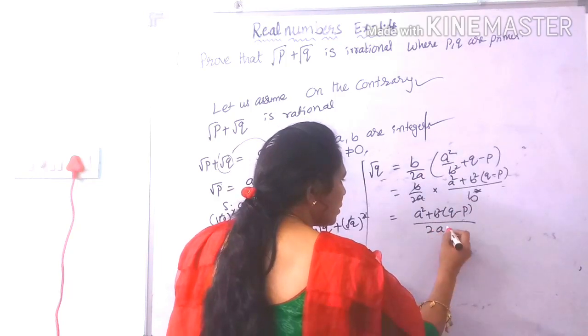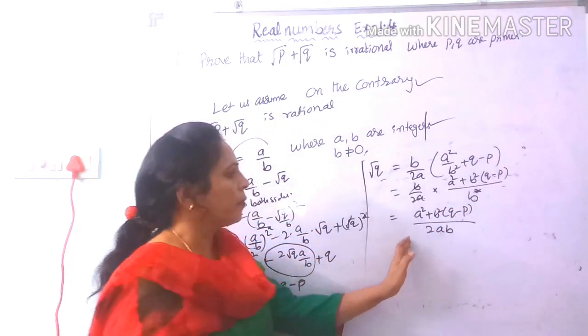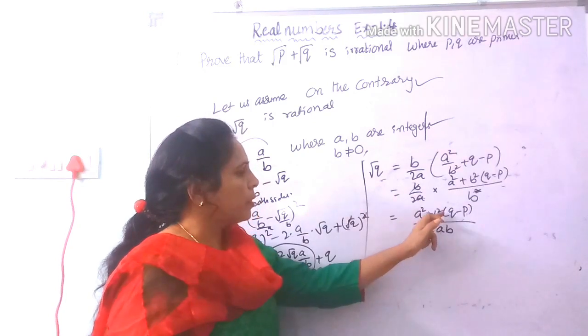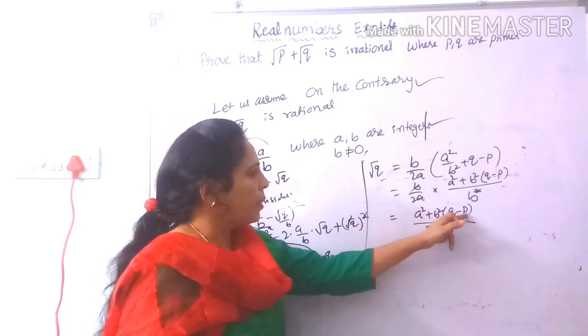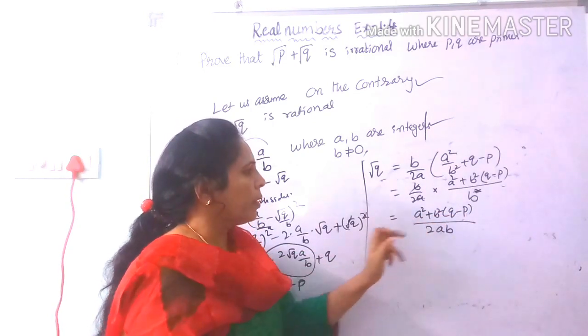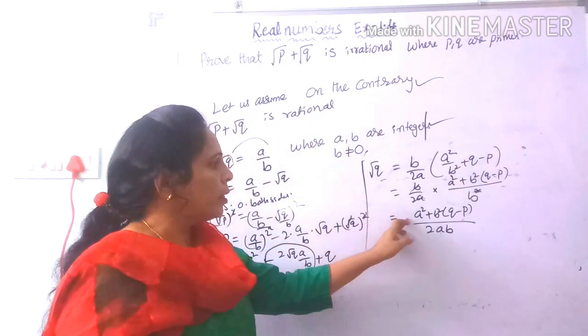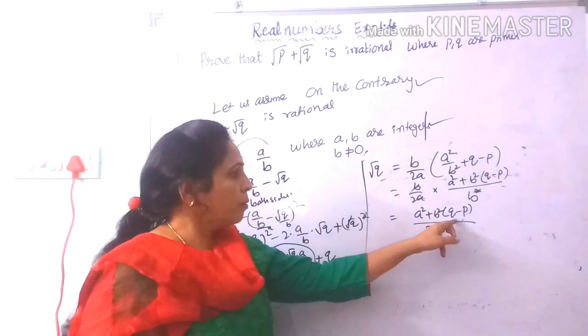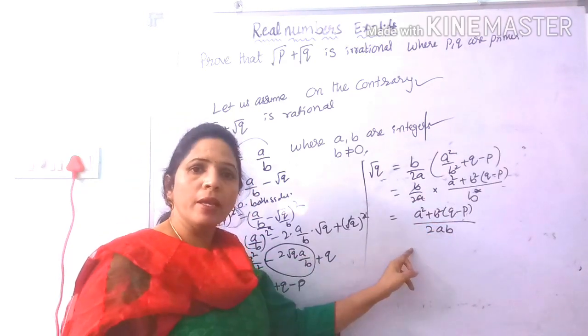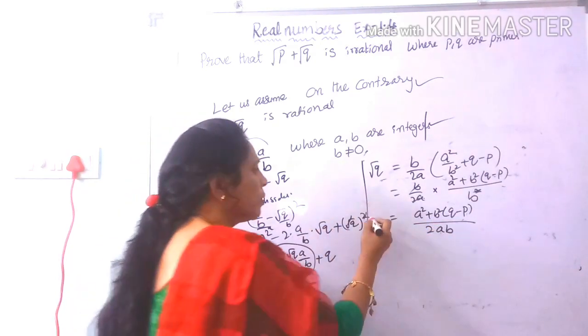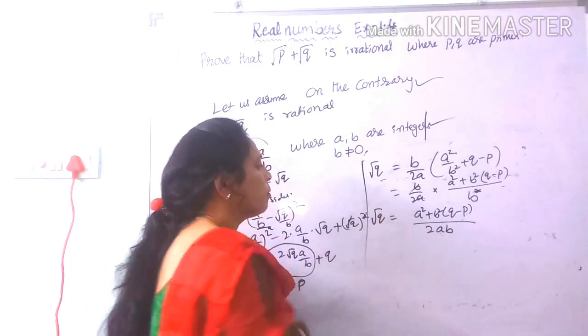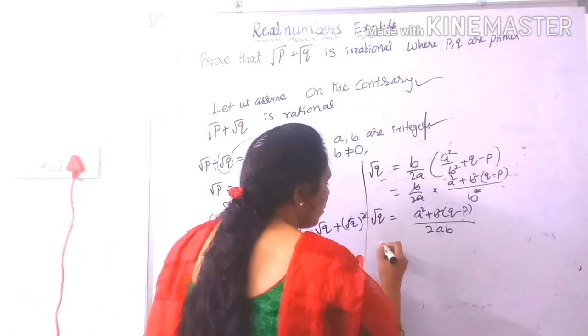You can write it as 2ab. So root q is equal to a square plus b square into q minus p by 2ab.